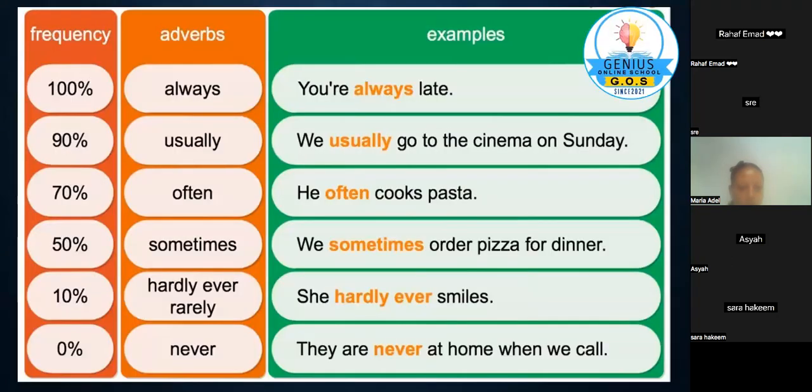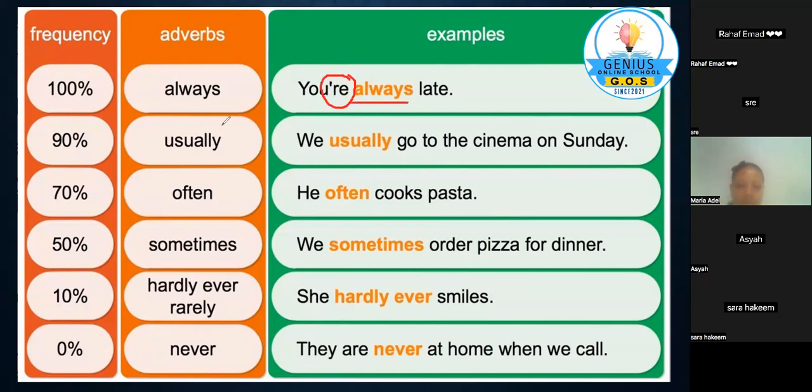They are always, sometimes, usually, often, hardly ever or rarely, and never. It comes after verb to be, as you see here.